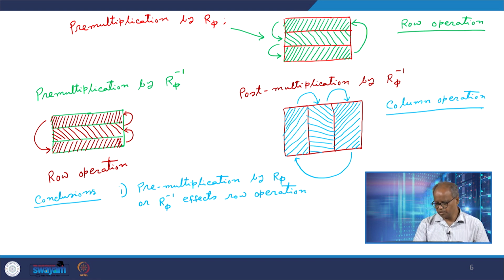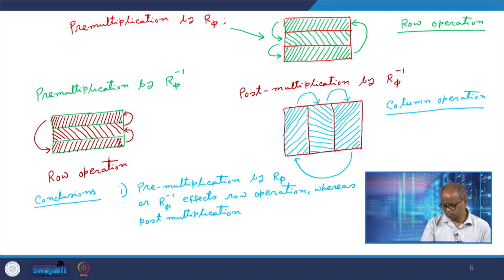And whereas post multiplication by R phi or R phi inverse affects column operation.